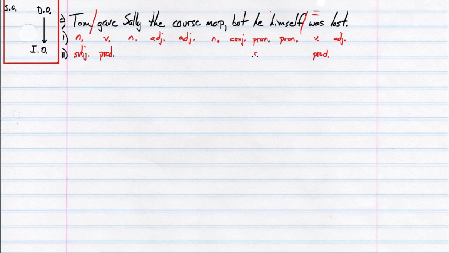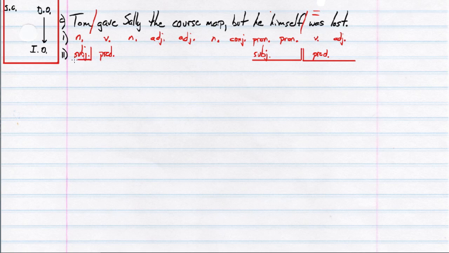He was lost. Okay, and now my hook and line is going to look like this, because himself is redefining he. Now I'm going to go here to the predicate. That's my complete predicate. I'm going to do the same thing over here.